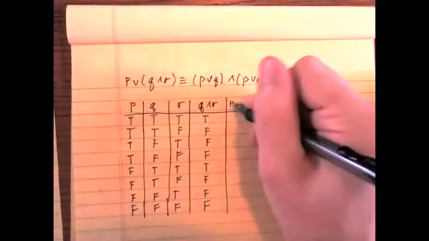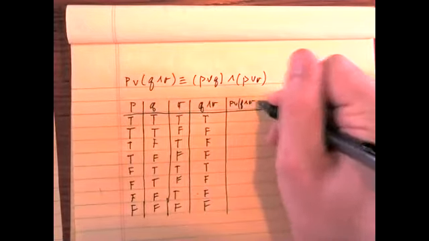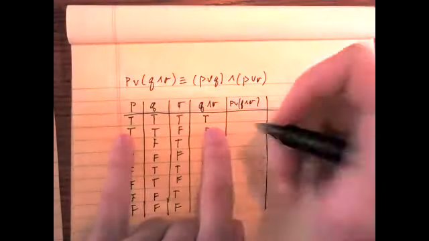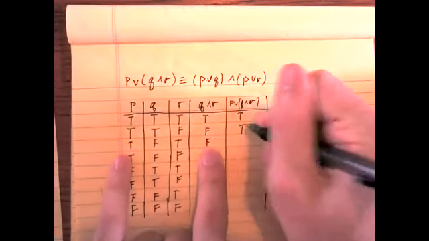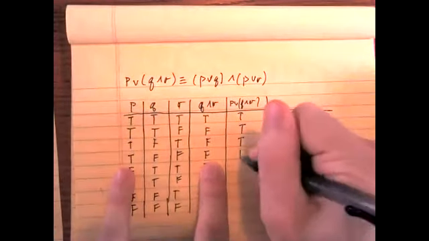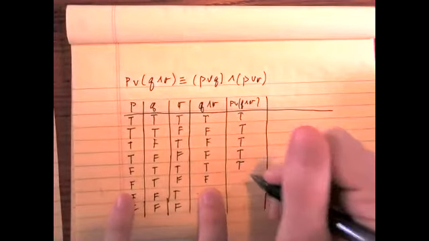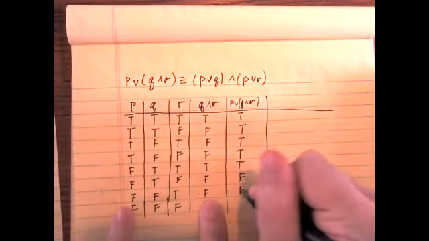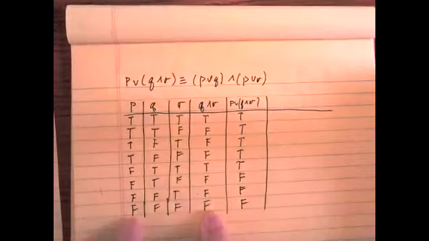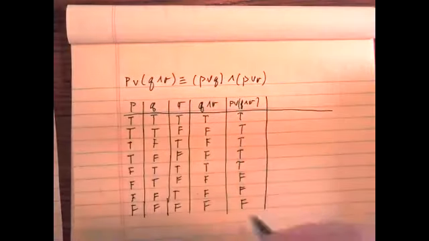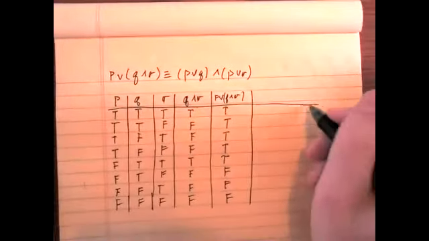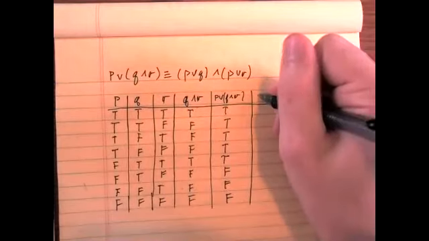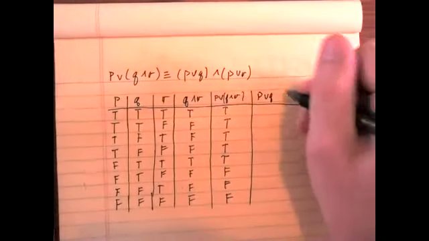So when I do P or (Q and R), I'm taking the or of these 2 columns. So that's going to be true, true, true, true, true, false, false, false. And now I do, oh, what a pain, P or Q. I'm just slow.